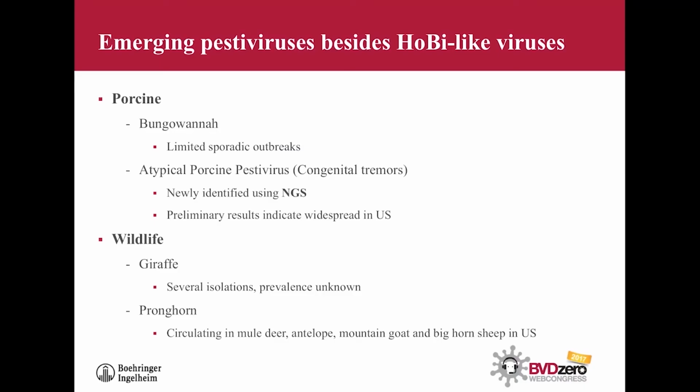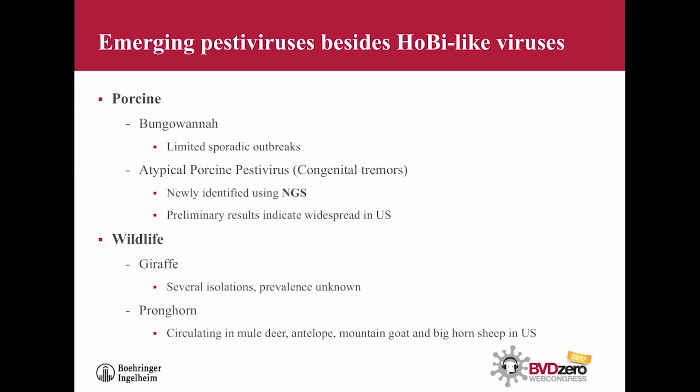There are also other emerging pestiviruses besides Hobi-like viruses. As we develop better and better tools to find viruses, we're finding lots more viruses out there. In the last 2 years, we've recognized atypical porcine pestivirus. This is significant because in the past we had to grow it to know it.